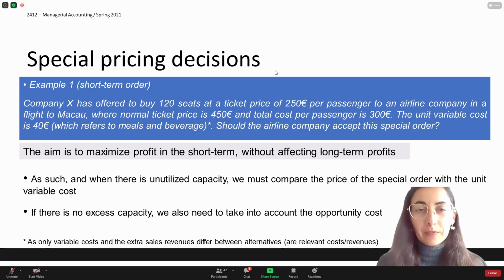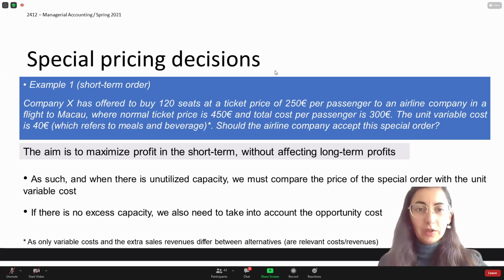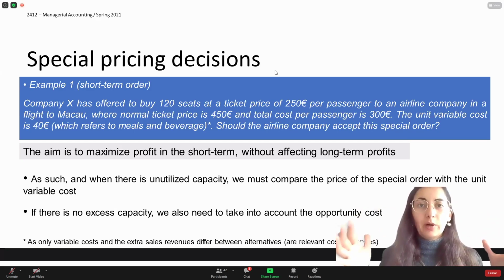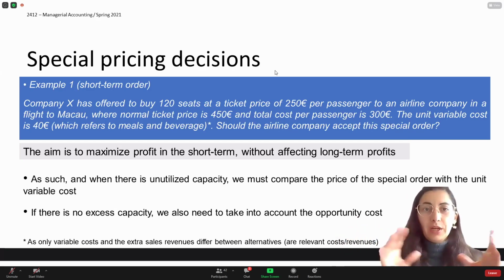But if we fly a plane and we have some total fixed costs, if passengers are 10, the total fixed cost divided by the passengers will be higher than when we have 20 passengers. When we calculate this total cost per passenger, which includes the fixed costs, we look at the total capacity of the aircraft. Let's imagine the aircraft has 300 seats.